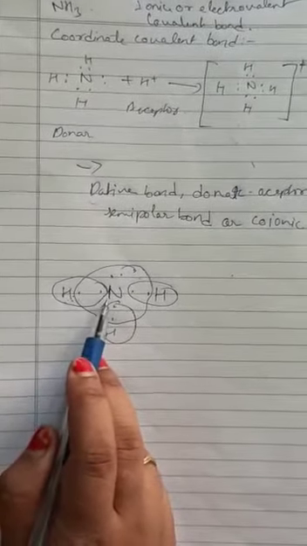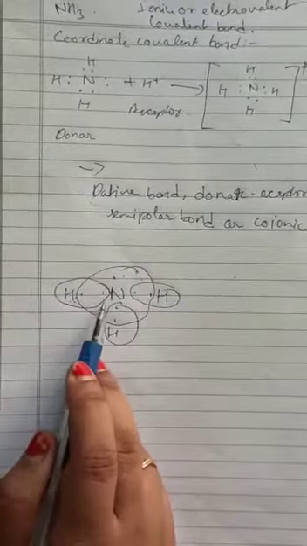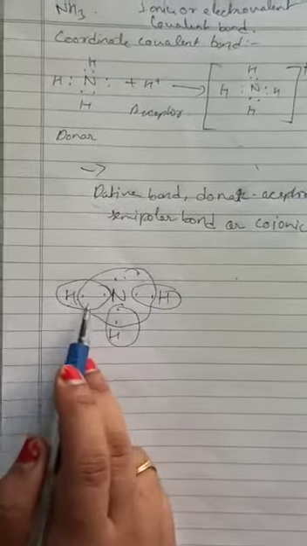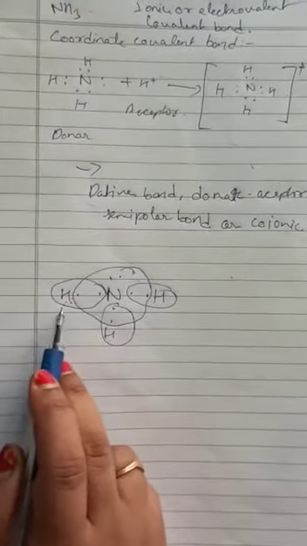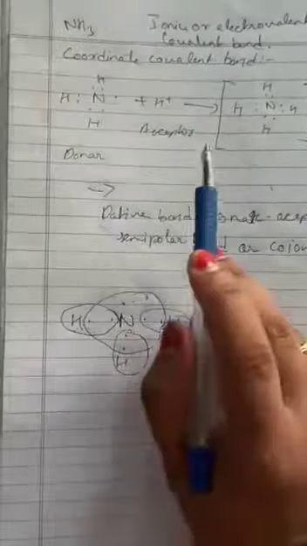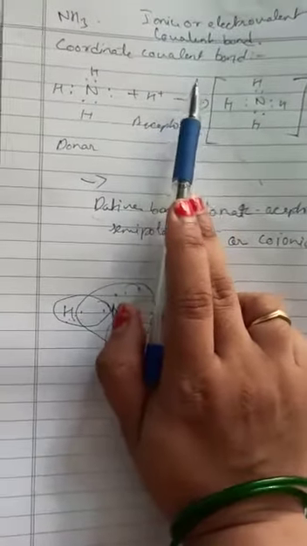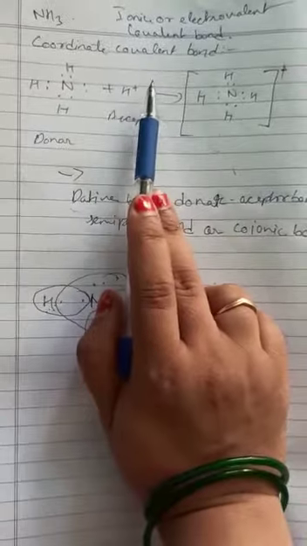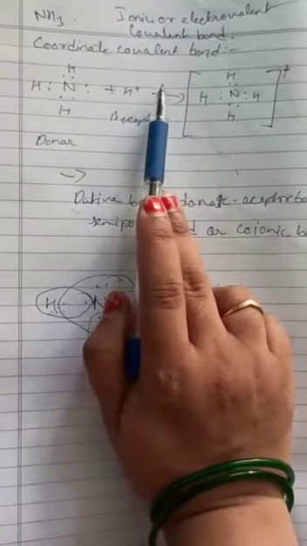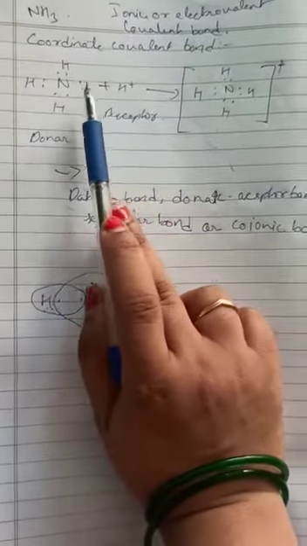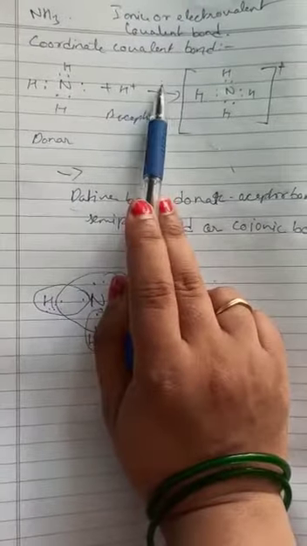In this case both the atoms participating in the covalent bond formation contribute one electron each. But in case of a coordinate bond, as I told you, there is not a mutual sharing. The donor atom just donates its electron pair to the other atom.